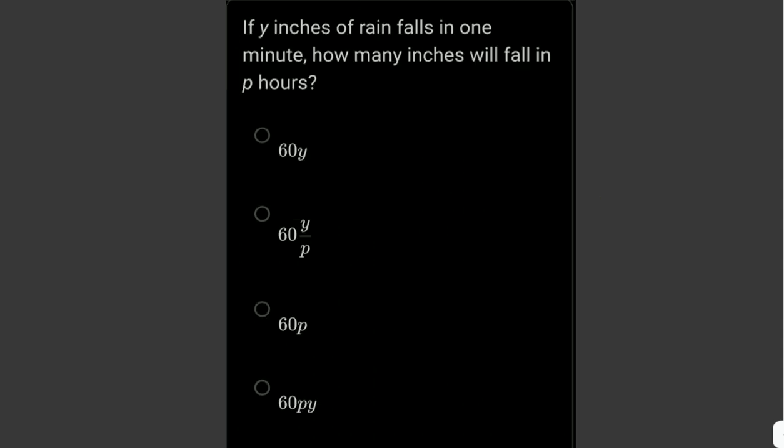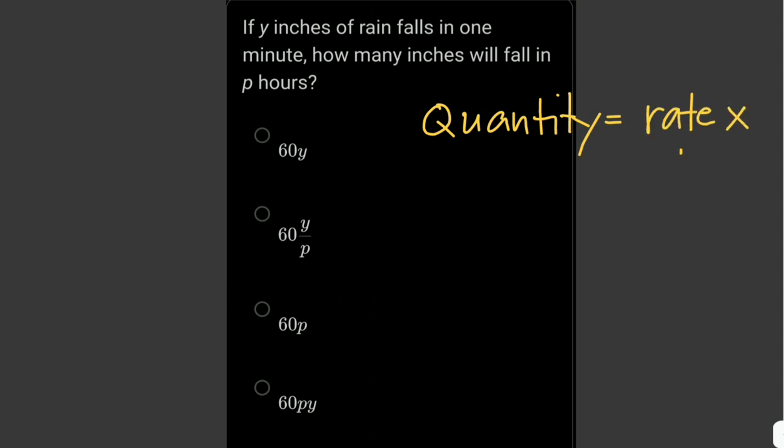If y inches of rain falls in 1 minute, how many inches will fall in p hours? So this given problem here involves quantity, rate, and time, or that is just quantity equals rate times time.